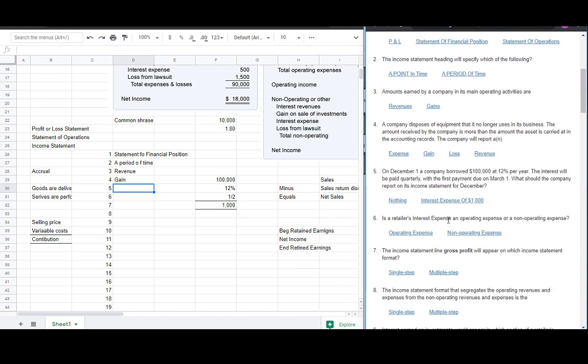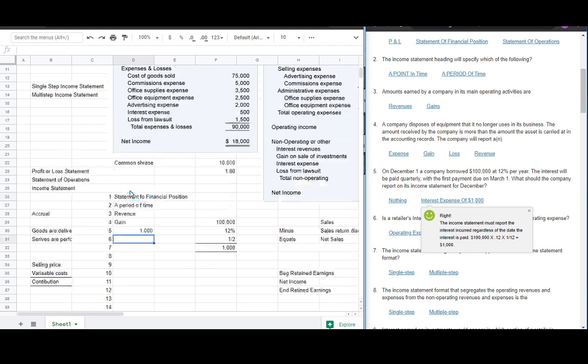Number 5. On December 1, a company borrowed 100,000 at 12% per year. The interest will be paid quarterly with the first payment due on March 1. What should the company report on its income statement for December? And so it would report an interest expense of 1,000. So why?